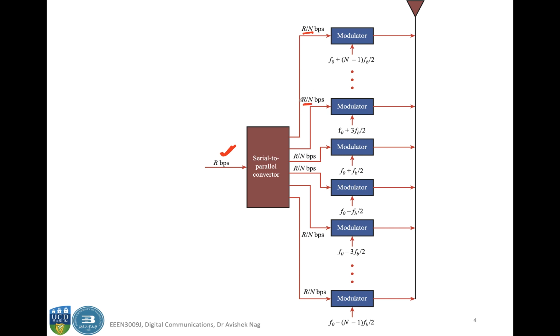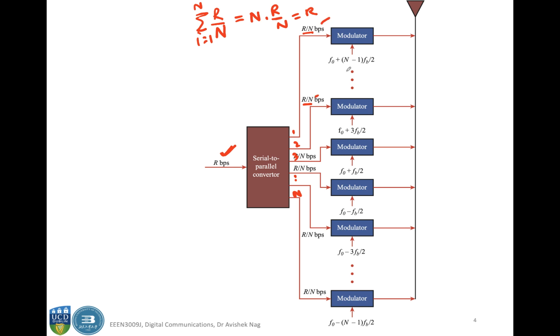So you are dividing R into 1, 2, 3 up to N tributaries, and each has a smaller data rate, R over N. If you sum all these R over N, for i equal to 1 to N, this will be N times R over N, which is R. The sum of all these makes R bits per second.